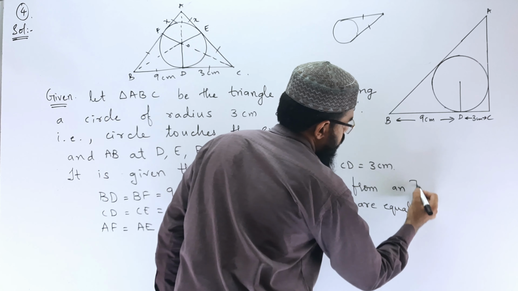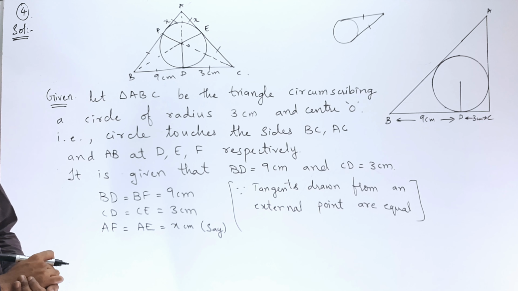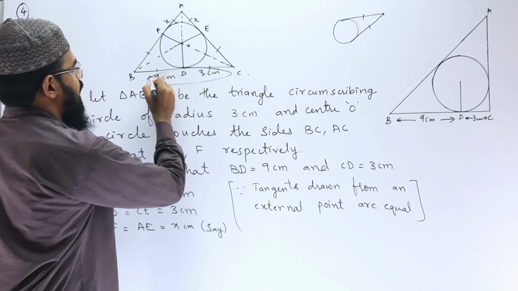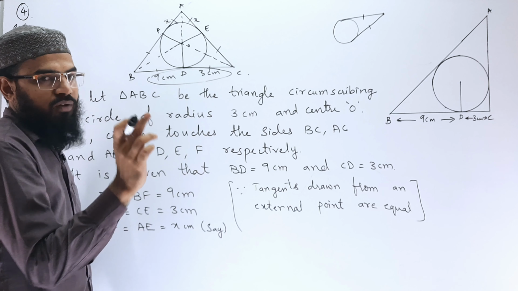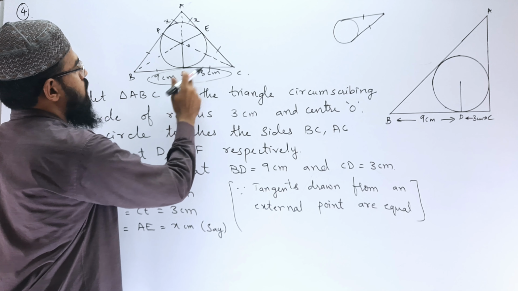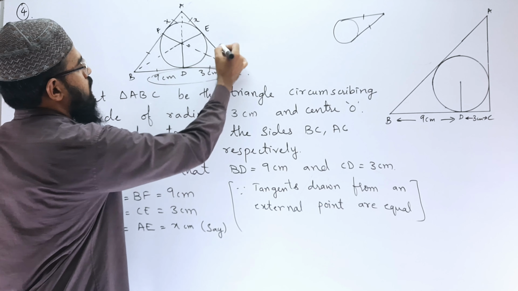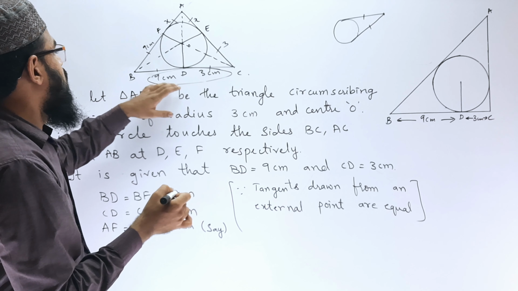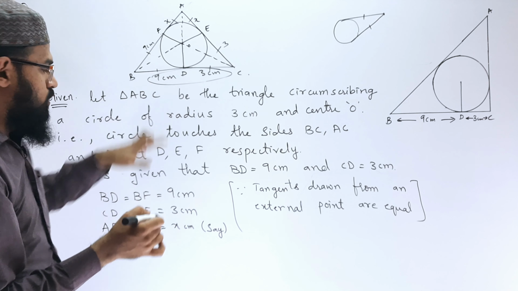Next, now we can write the sides. This will be our first side. If we add 9 plus 3, that will be 12. So this is our first side. Next, here it is 3 and here it is 9 centimeter, so x plus 9 and x plus 3. And here 9 plus 3 is 12.